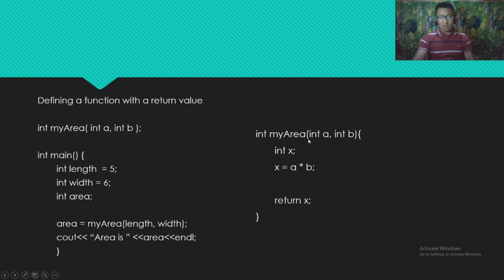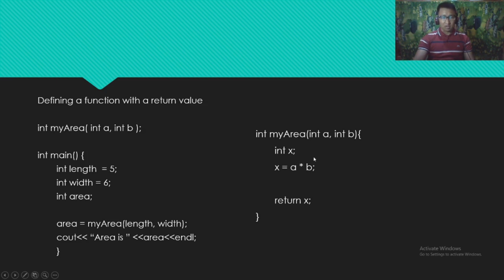So int my area, int a, int b. I have here int x. I declared another variable to hold the result of the calculation of these two data.